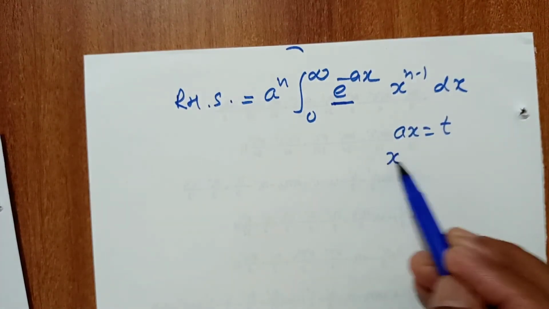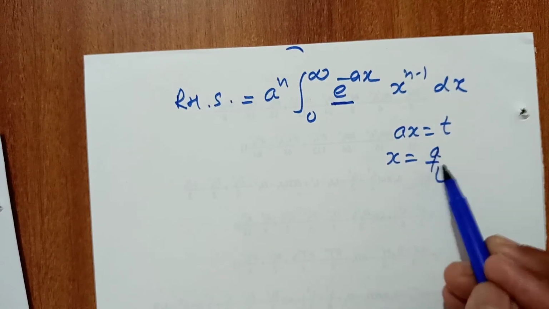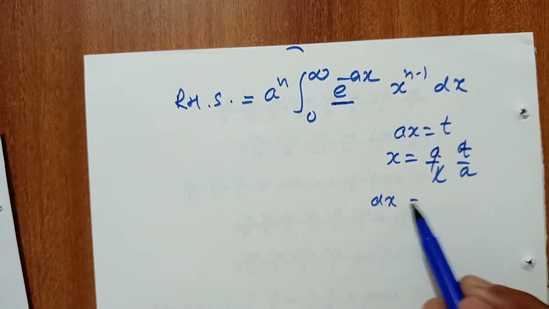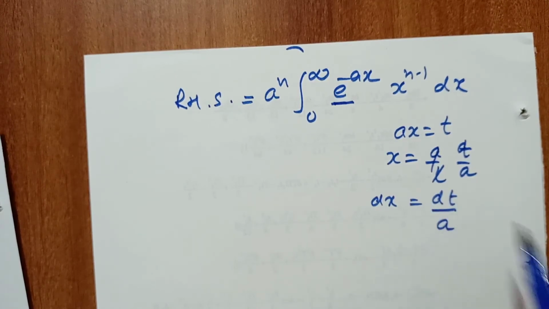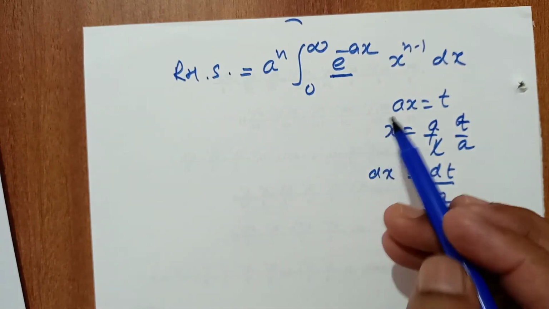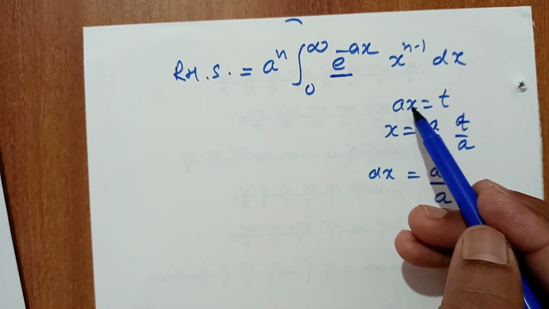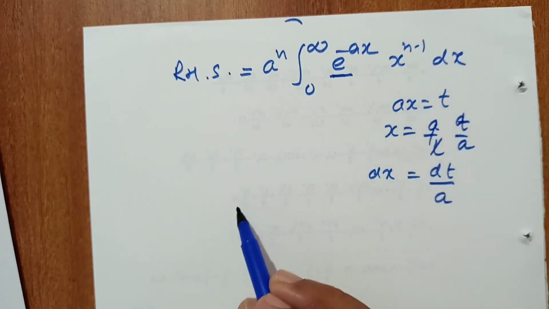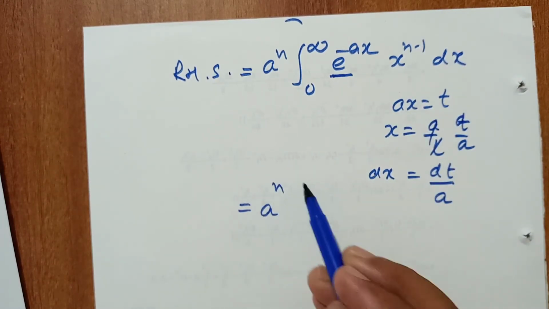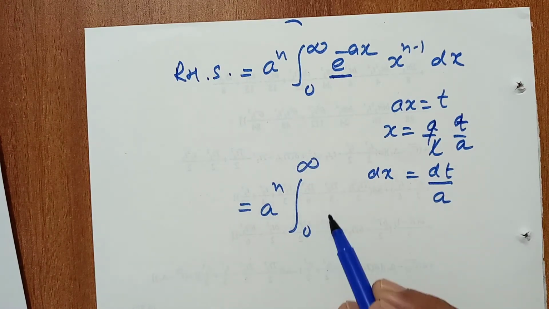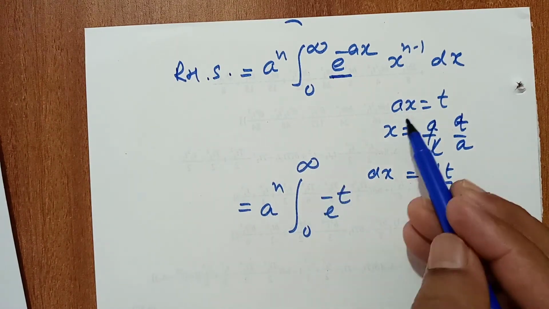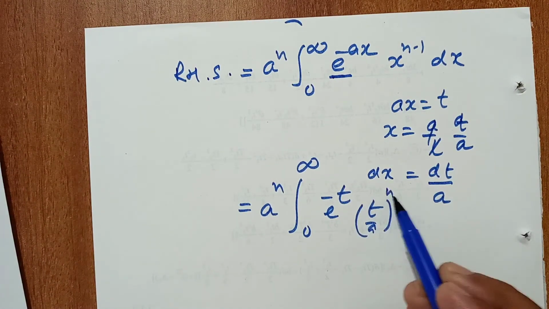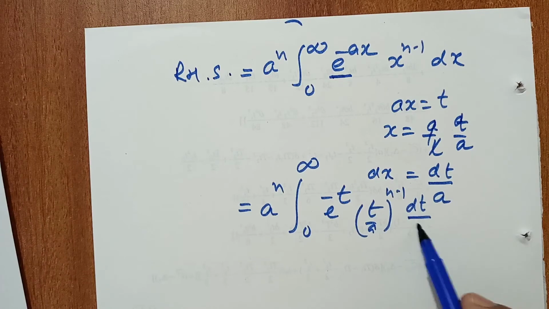So x is equal to t upon a, and dx is equal to dt upon a. The lower limit x equal to 0 gives t equal to 0, and the upper limit infinity stays the same. So it equals a to the power n, integral from 0 to infinity of e to the power minus t, times t upon a to the power n minus 1, dt upon a.